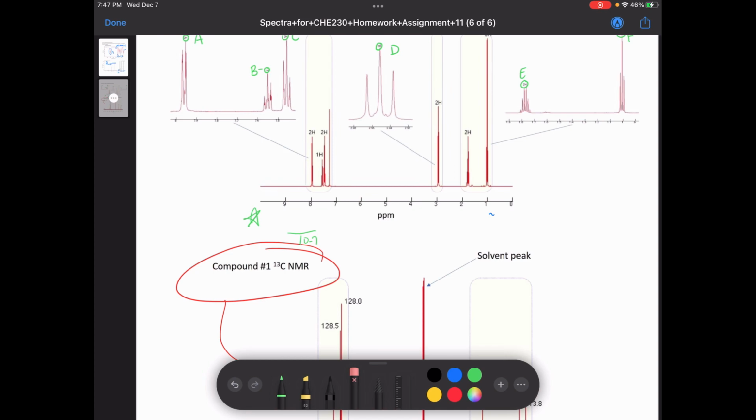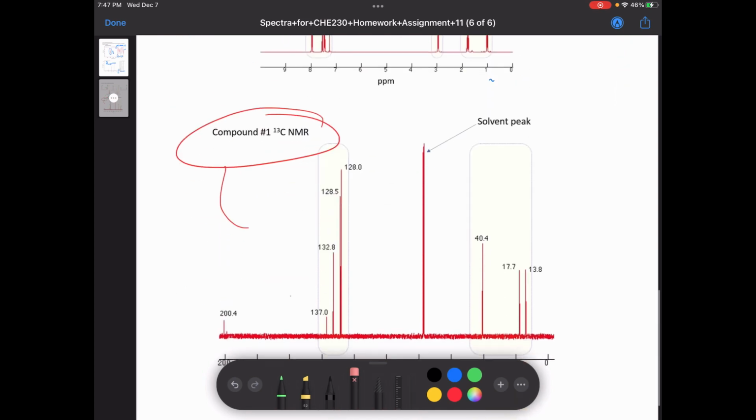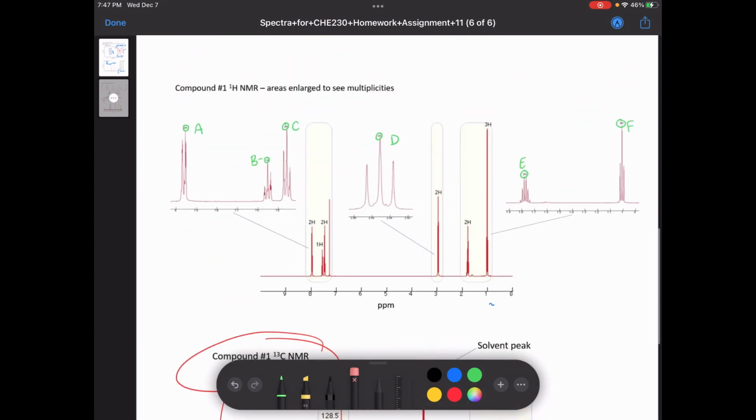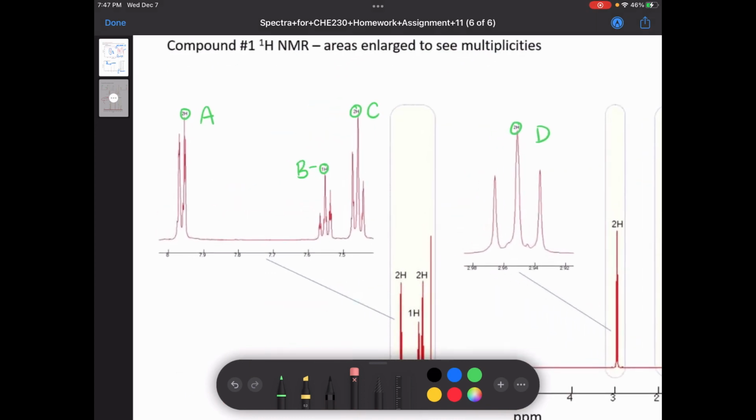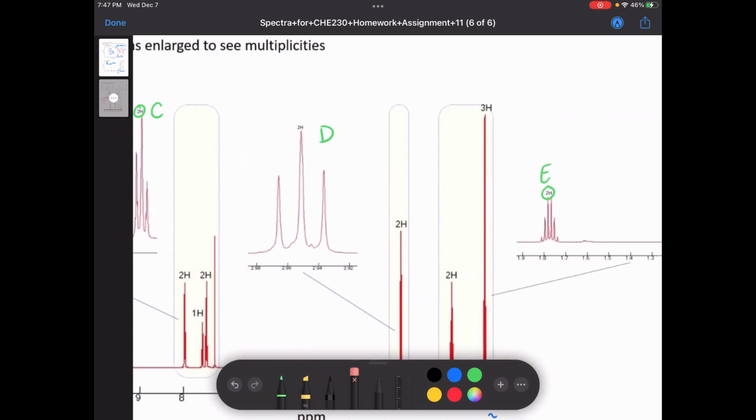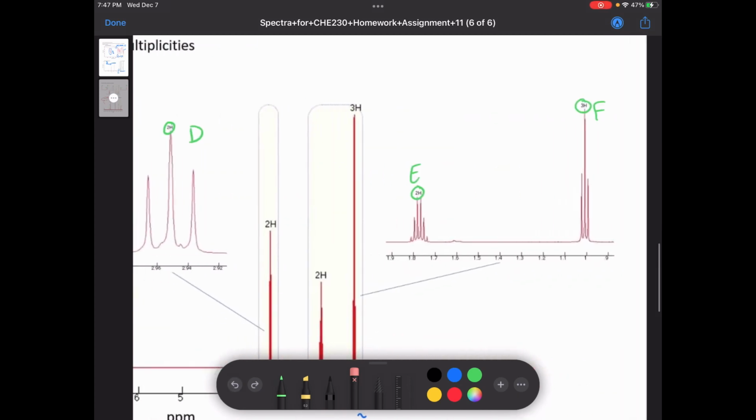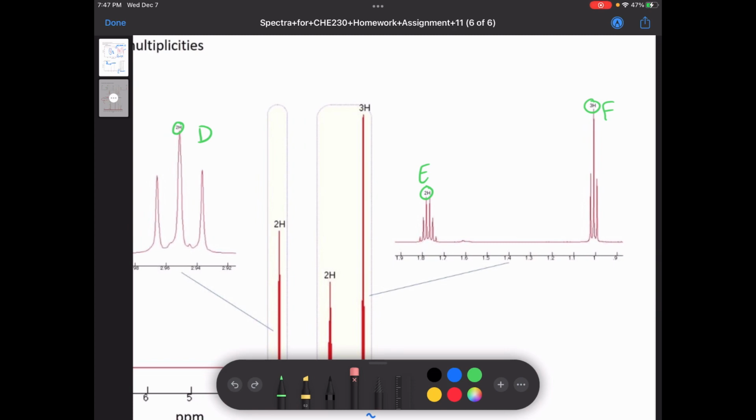I forgot what that's called right now, but we don't have those numbers. So we're going to assume that it's telling us already how many hydrogens we're going to have in our molecule. So we have 2, 3, 4, 5, 6, 7, 8, 9, 10, 11, 12.